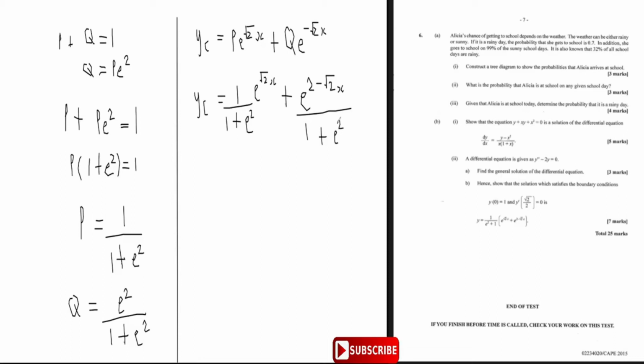Of course, we didn't write it in the form that they wanted. They wanted us to factor out 1 over 1 plus E squared. So we're going to factor that out, and we're left with E to the root 2x plus E to the 2 minus root 2x.